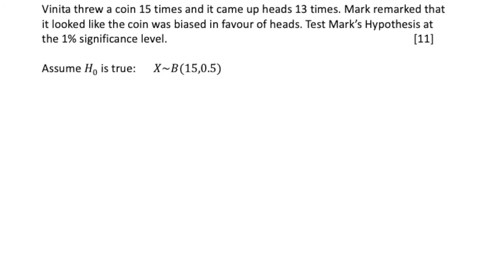It's at this stage we need to pick up some more information from the question. We are told that the observed value of x, the observed value of the random variable in the random experiment, is in fact 13. Okay, and we use that information in a really crucial way.